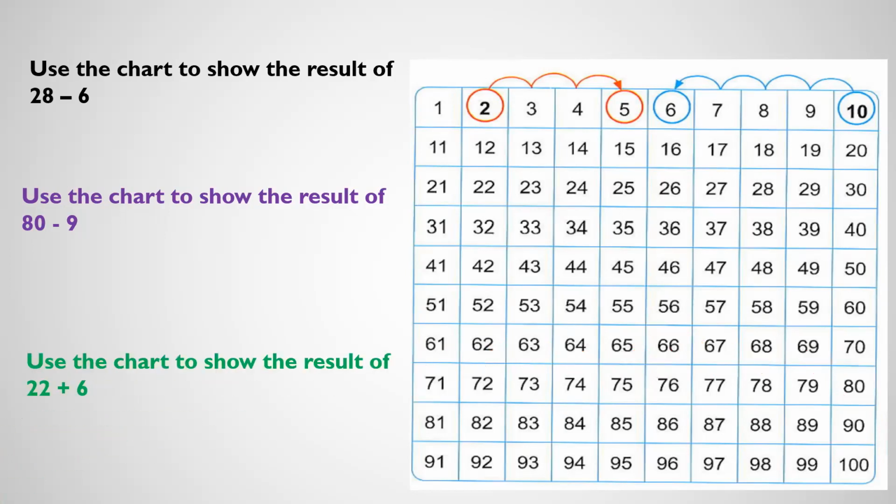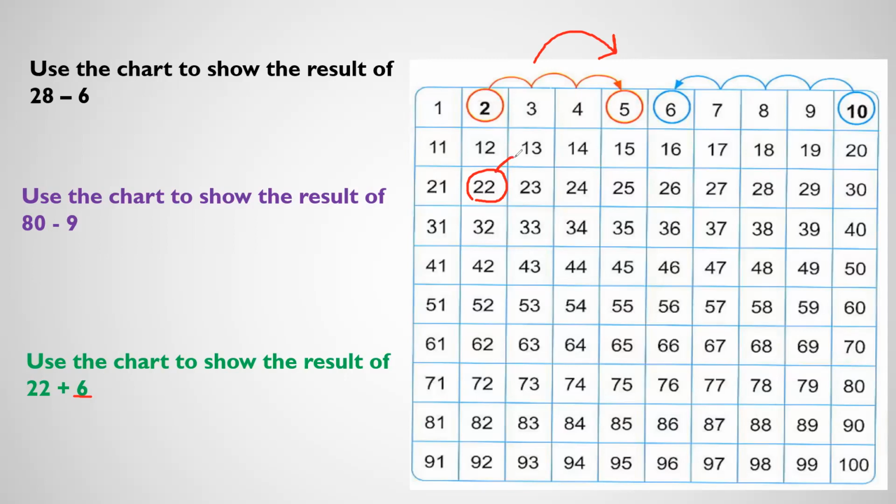Another one. Use the chart to show the result of 22 plus 6. Where are we going to go and stop at first? 22. Excellent. So go and stop on 22. Plus, remember, plus means moving forward or after. So we are going to jump after 22. How many steps can you see? It's plus 6. So we are going to jump 6 steps.